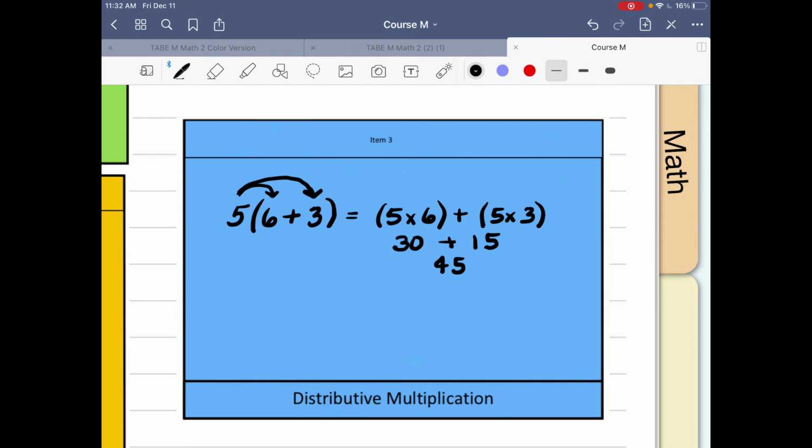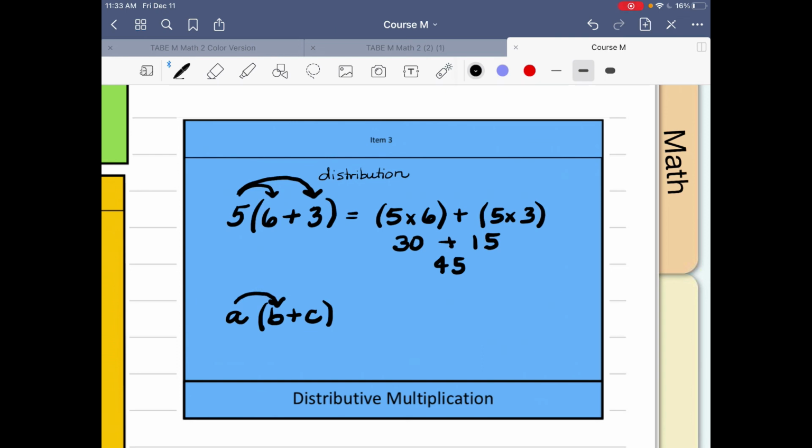This right here, those arrows, that is the process of distribution. You're distributing the 5 to the 3 and the 6. And we call that distribution. Okay, let's do one with algebra. Let's do A times B plus C. So this one doesn't have numbers, but the process doesn't change.